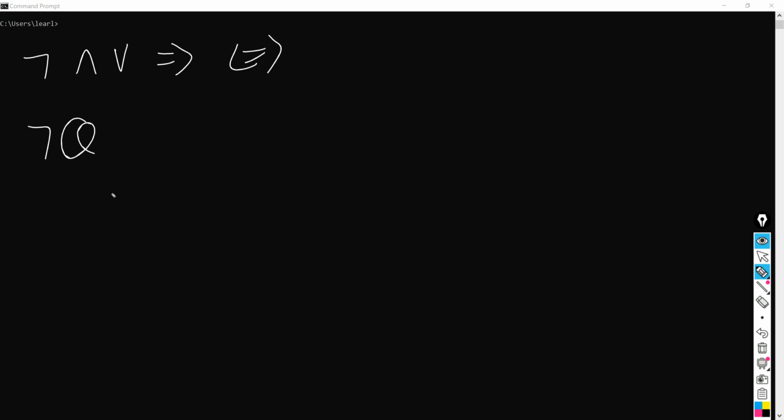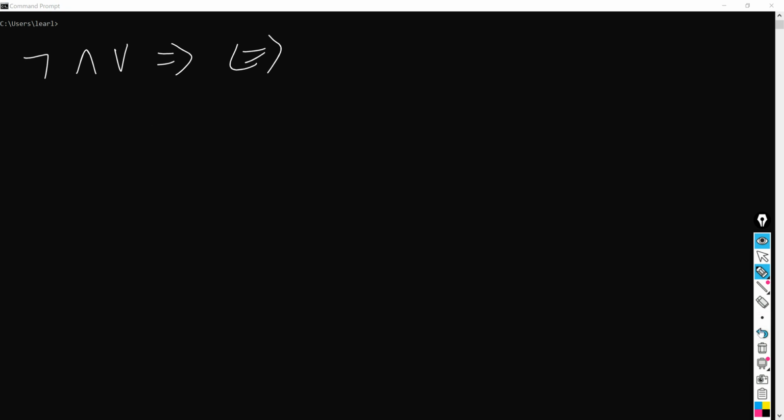So if Q is false, then this will be the opposite, which is true. And if Q is true, then the negation of Q, of course, is false. So it's pretty intuitive.